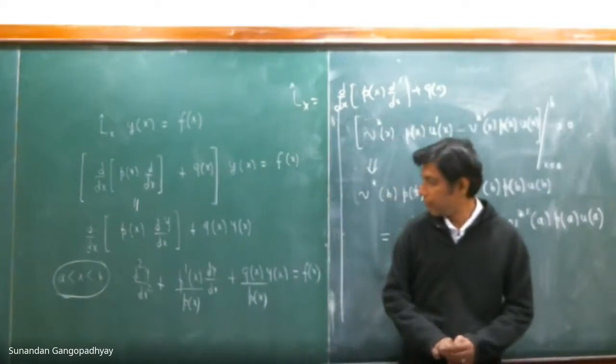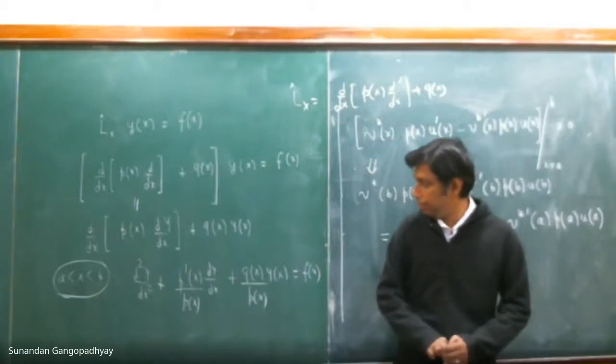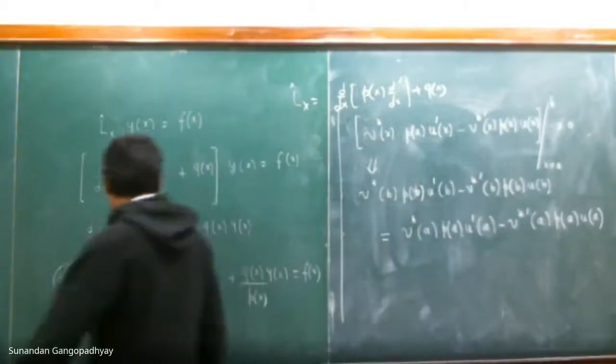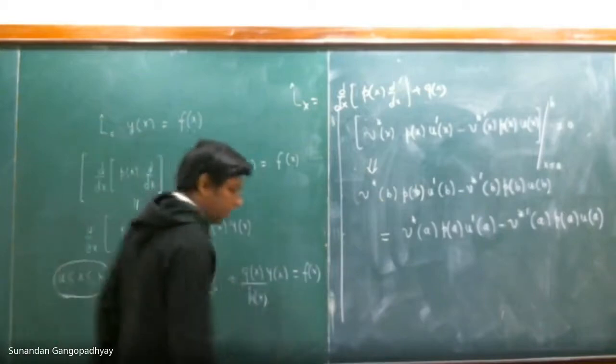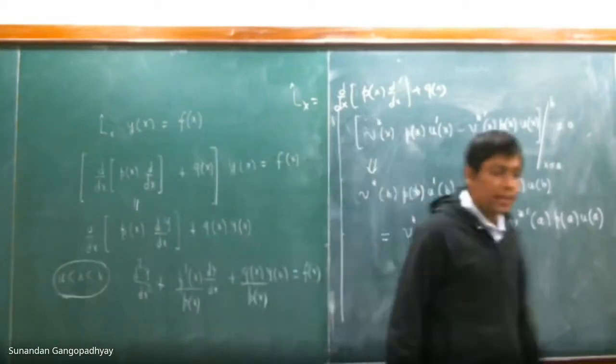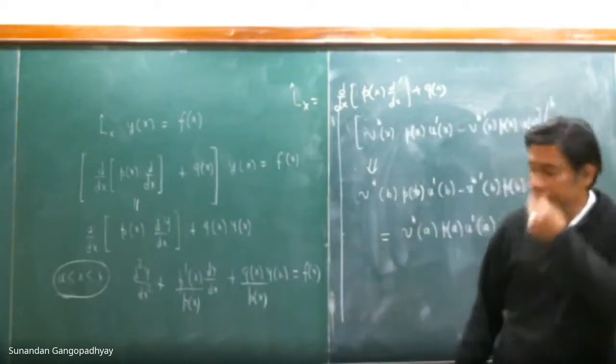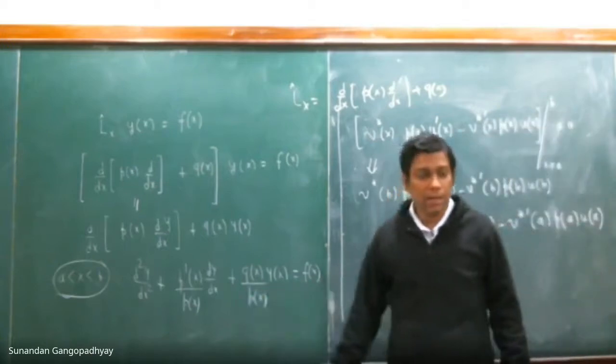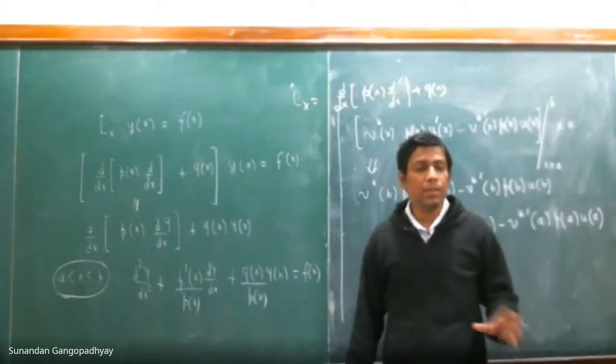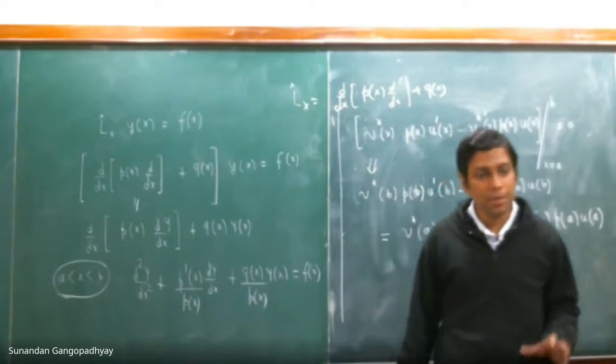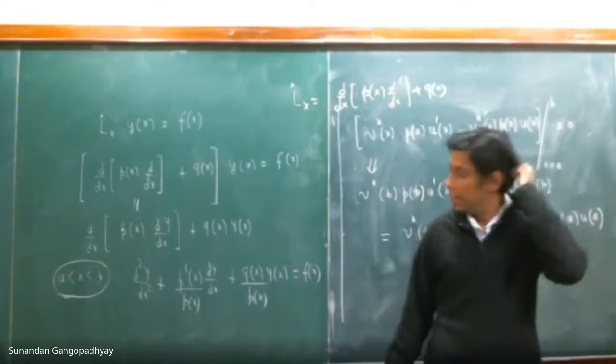So the question is, how do you solve such differential equations? One of the powerful techniques that we have learned in our undergraduate classes is the series solution method. I'm sure all of you are familiar with series solution, and there are certain conditions.